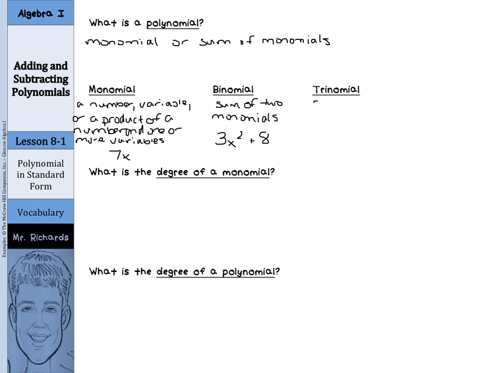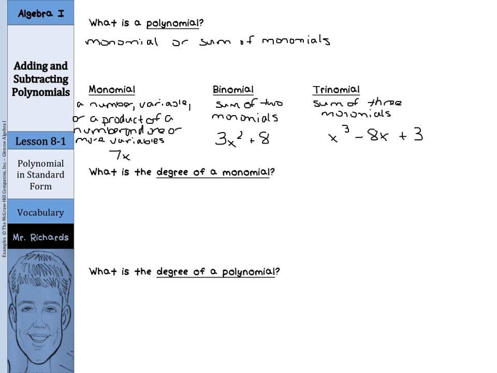Well, it could be the sum of three monomials, such as x cubed minus 8x plus 3. You're saying, wait a minute, minus, that's difference. Well, when you really truly think about it, adding a negative number is the same thing as subtracting a positive, so you can have subtraction here and still call it a sum.